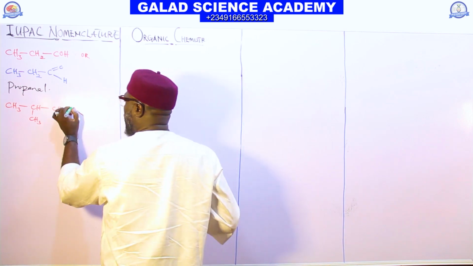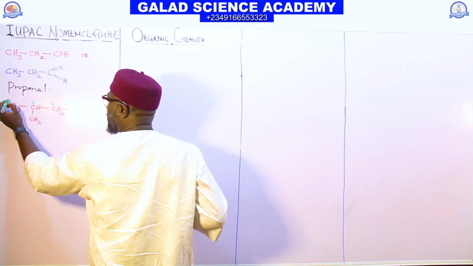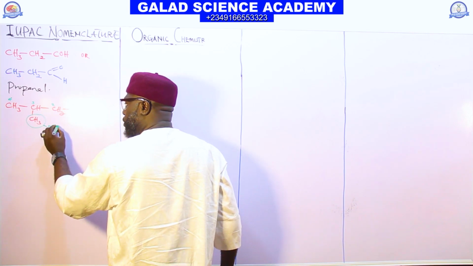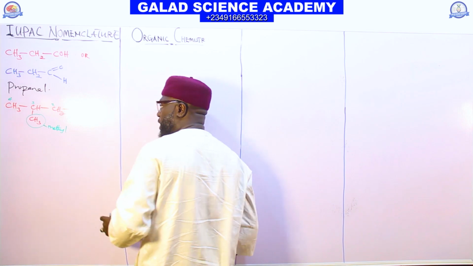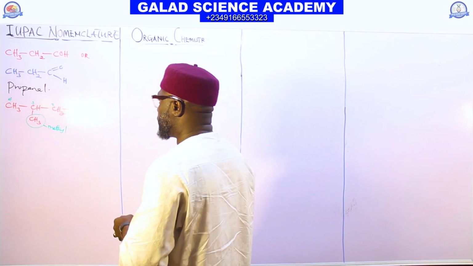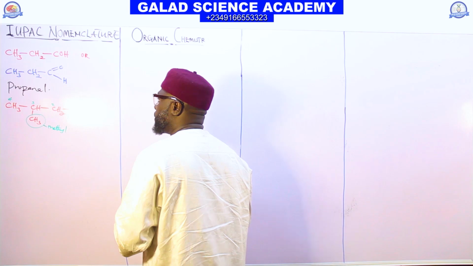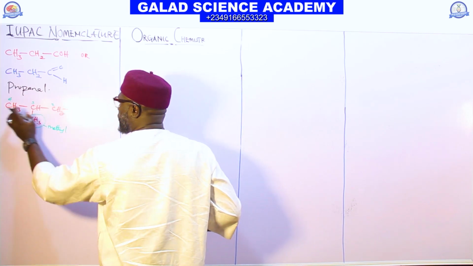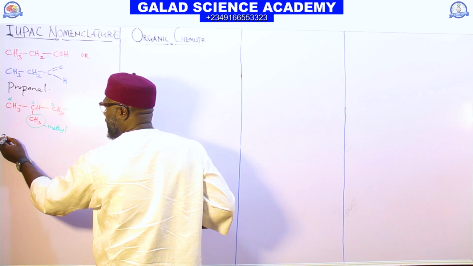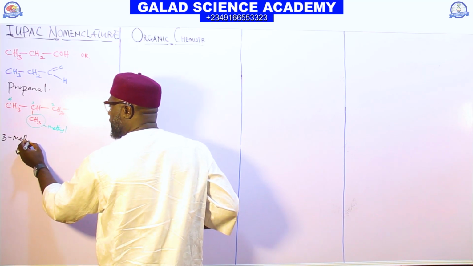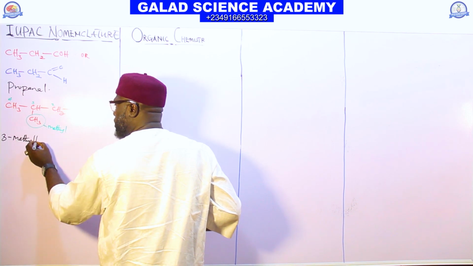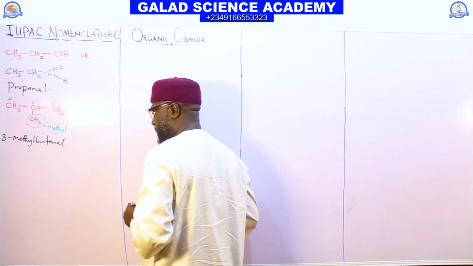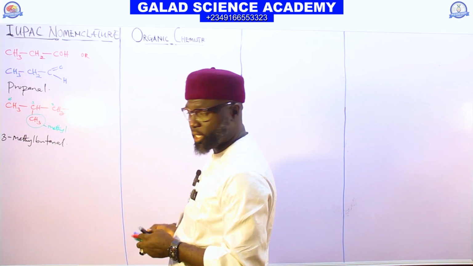Name it 1, 2, 3, 4. At this point my methyl group serves as a substituent group. So here we can name it 3-methyl butanal. That is the name.